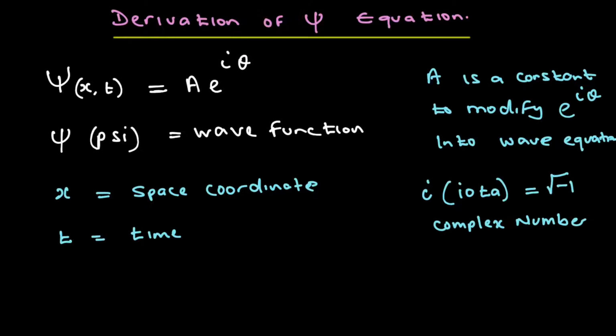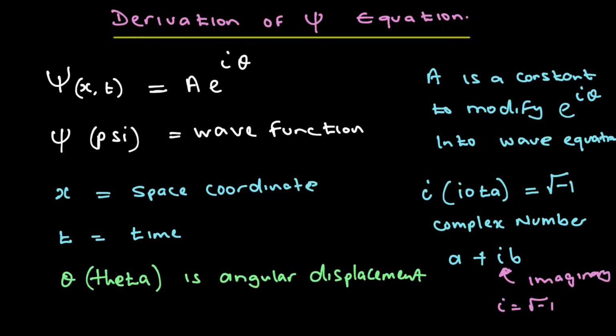If you have a complex number, a plus ib, i is the imaginary part, and i equals root minus 1.